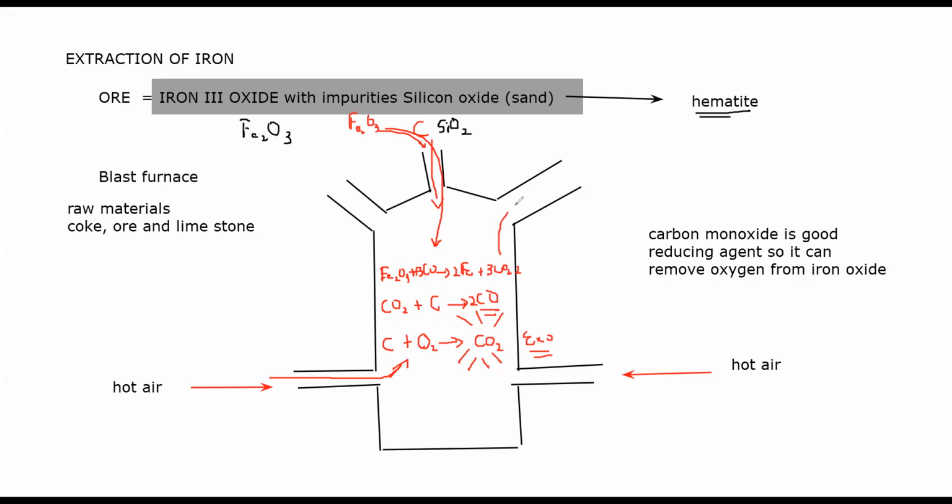And this carbon dioxide gas escapes. And what happened to the iron which is formed here? This iron which is formed will move towards the bottom. And it will be molten iron, because the temperature is high. So that is Fe.